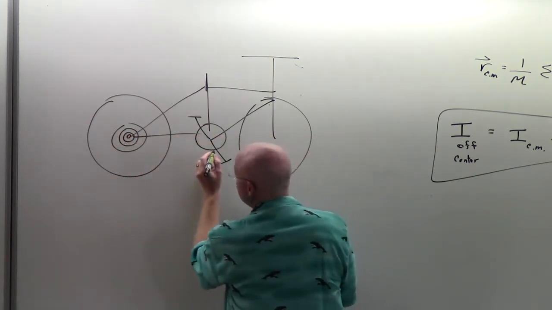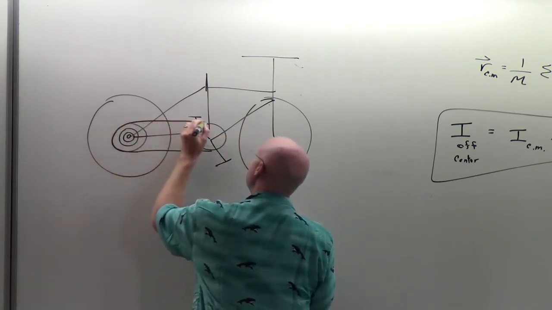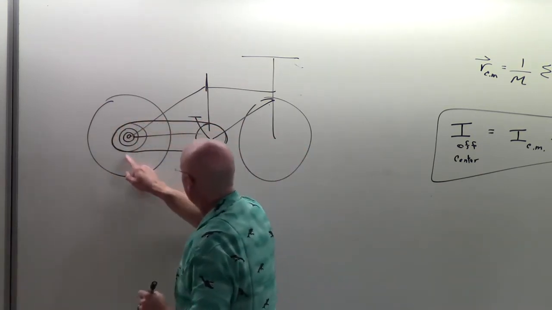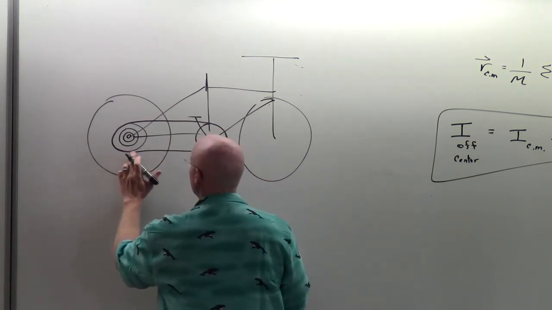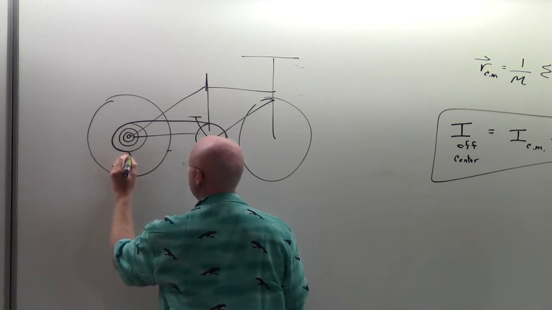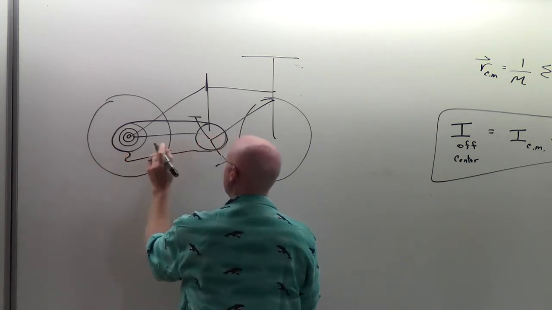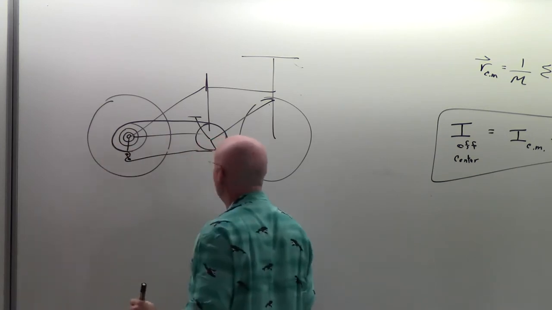And the chain comes around and is connected to one of these gears. And actually, I guess we've got to be able to change the gears, so we've got a little derailleur system here.